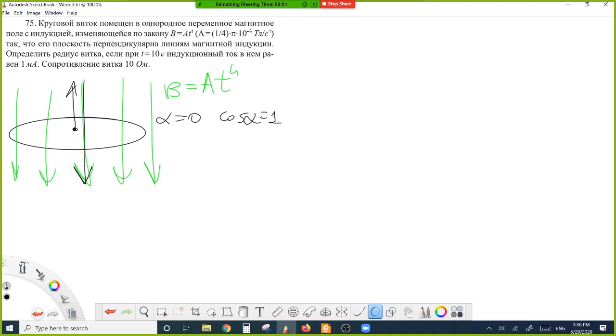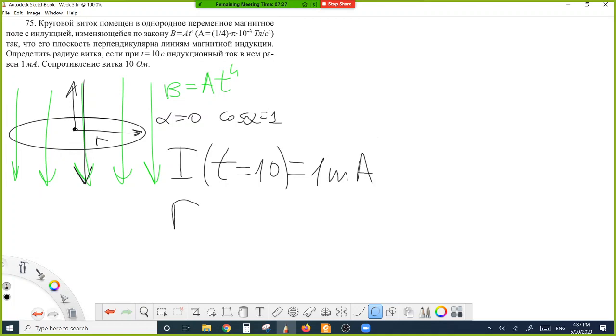We need to find the radius r of our circular loop if the current at the time instant when t equals 10 seconds is equal to 1 milliampere, and the resistance of the loop is 10 ohm. So can you find the radius of the loop?